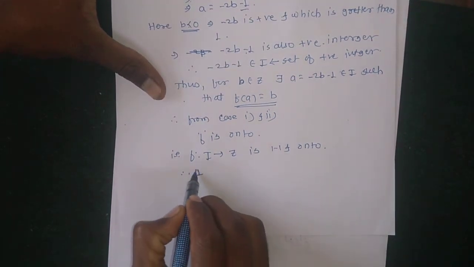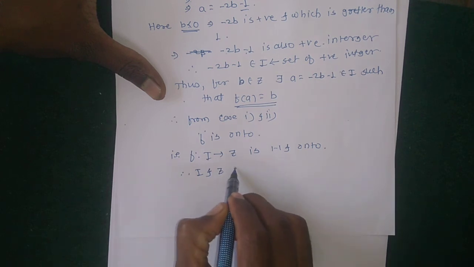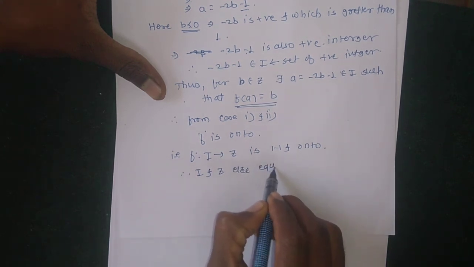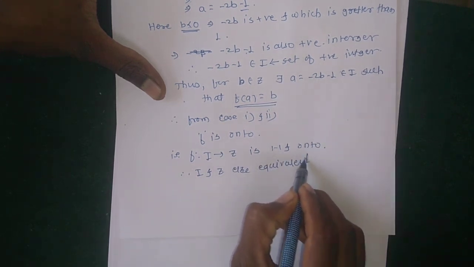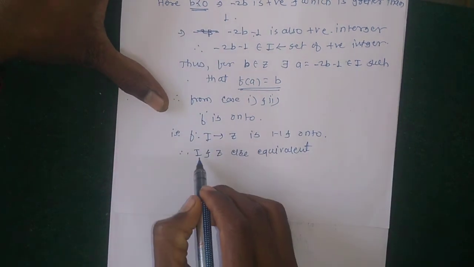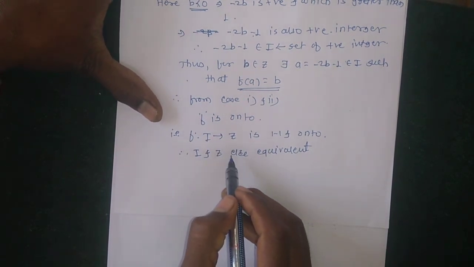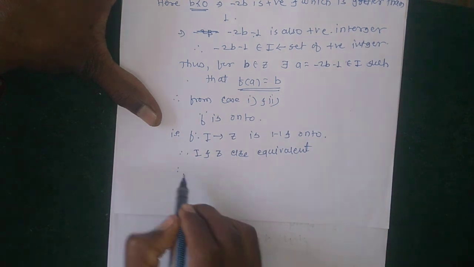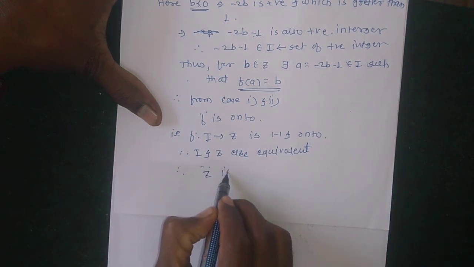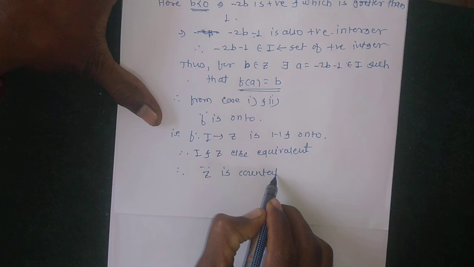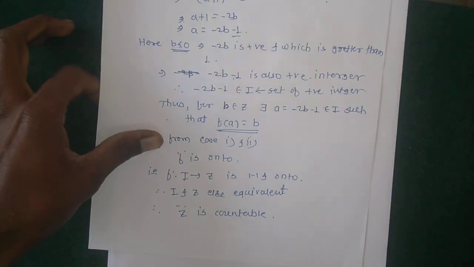Therefore the set of positive integers I and Z are equivalent, and therefore Z is countable.